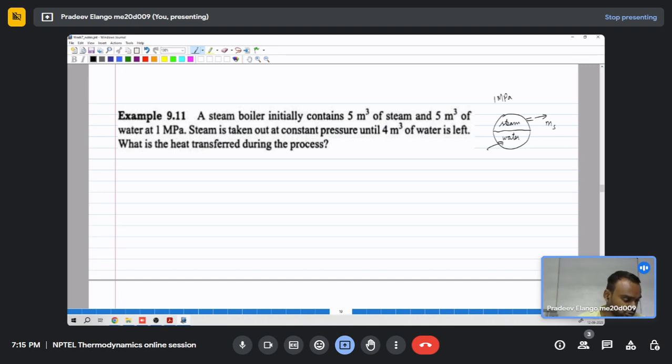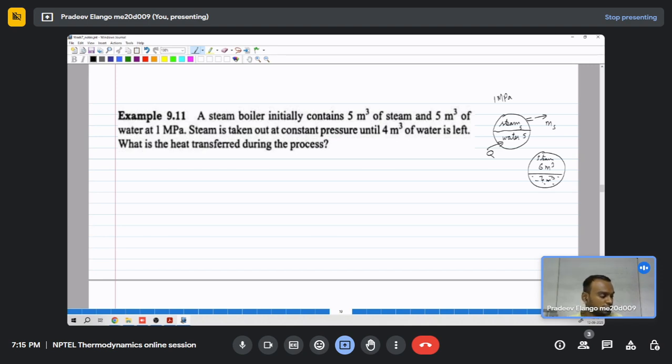So some heat is also transferred to maintain the pressure, and some mass of steam is taken out such that the final state, from 5 meter cube and 5 meter cube, at the end of this we have 4 meter cube of water, and the remaining has to be 6 meter cube, right? Four meter cube of water and 6 meter cube of steam is left finally.